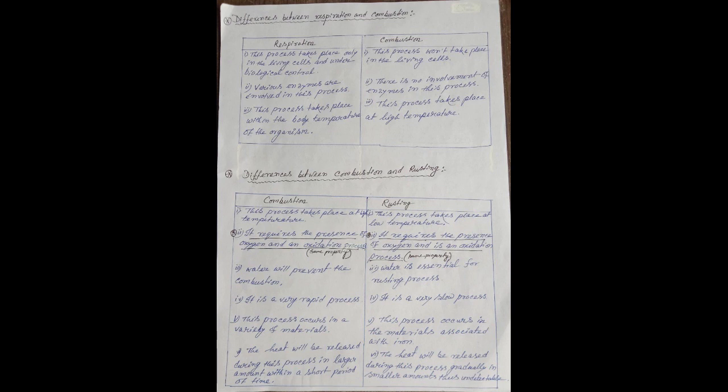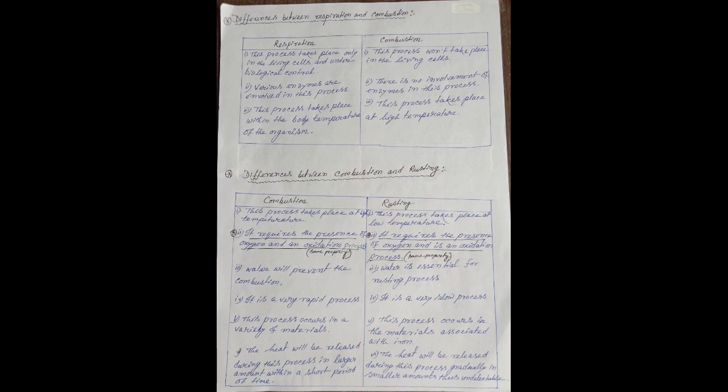Respiration, a variety of enzymes are involved in this process, but in combustion, there is no involvement of enzymes. Respiration takes place within the body temperature of our organism, but combustion takes place at a high temperature. Respiration is a slow process, but combustion is a rapid process.